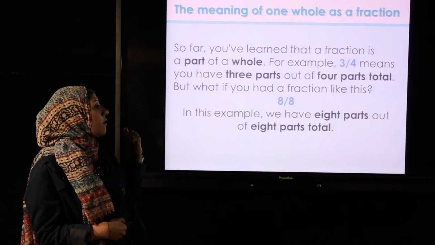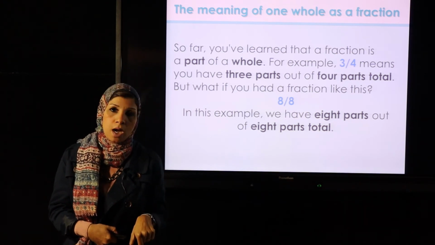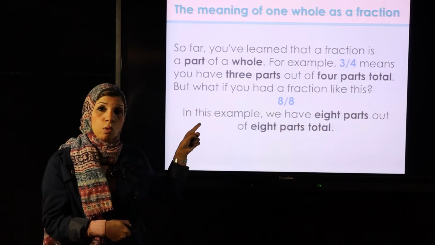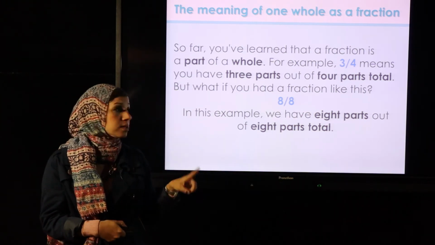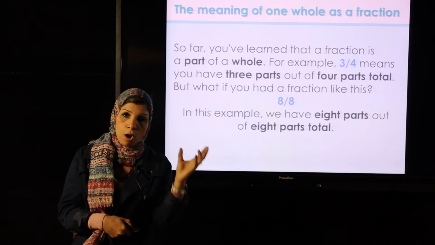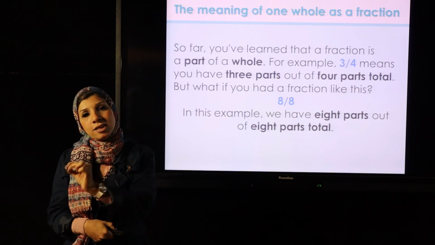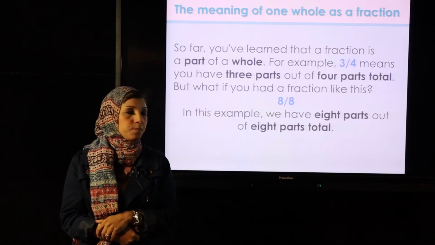But when the numerator is equal to the denominator, as in this example, 8 over 8, it means we colored 8 parts out of 8 parts, the total. It means we ate 8 slices of the 8 parts of the pizza, the whole pizza, okay?